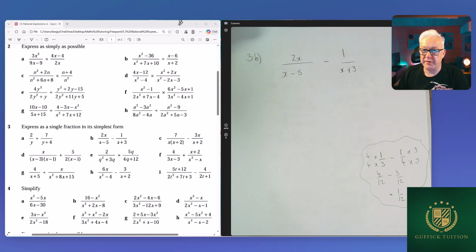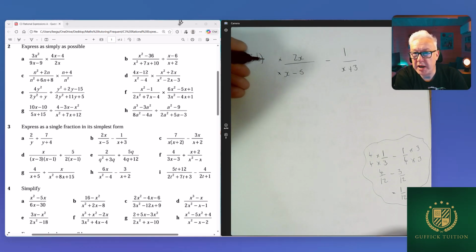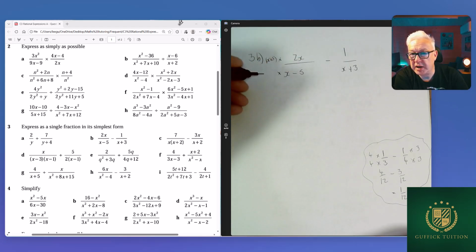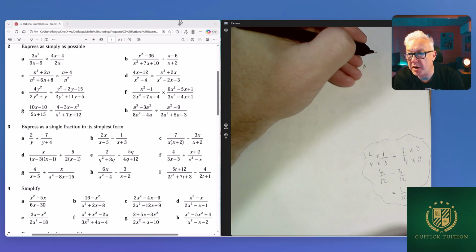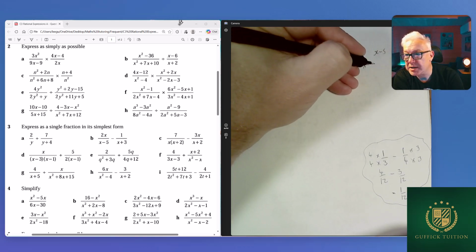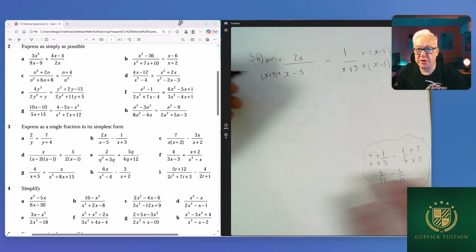We're going to do it with algebra over here. So we're going to multiply the numerator and the denominator by x add 3, because that's the denominator over here. So x add 3. And we're going to multiply the numerator and denominator of this other one by x minus 5. So that is x minus 5, like so. Okay, so what does that give us?